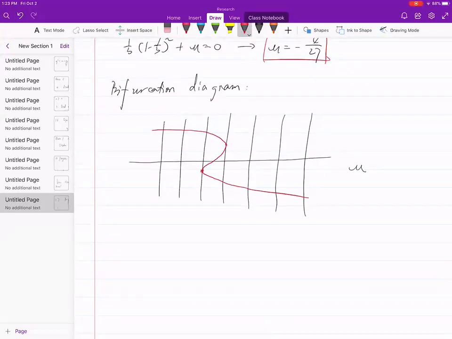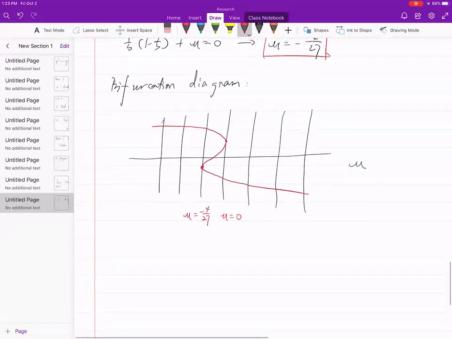Now we know this happens for mu equals -7/27. This is the second bifurcation at mu equals 0. I will just skip that. You can do it yourself to put all the arrows. Okay, that should be there.